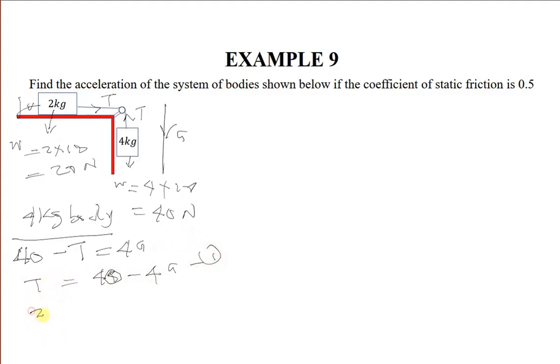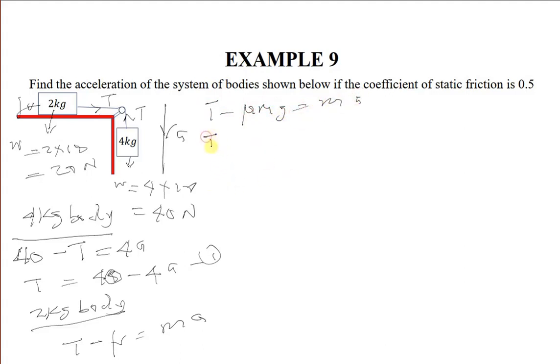Now for the 2 kg body, we have that tension minus frictional force is equal to MA. So tension minus frictional force, which is mu mg, equals MA.